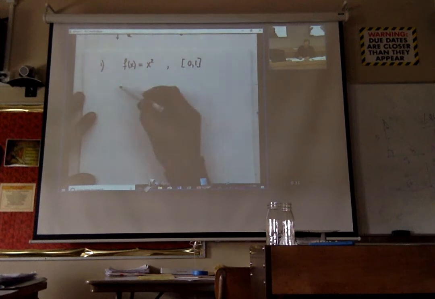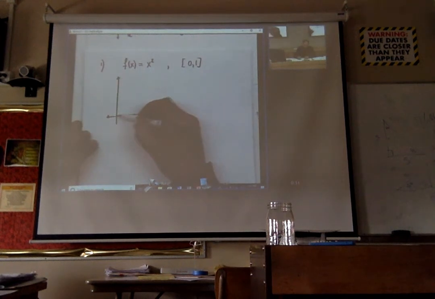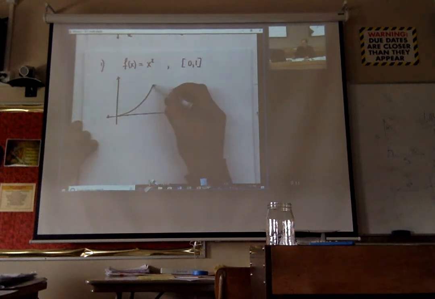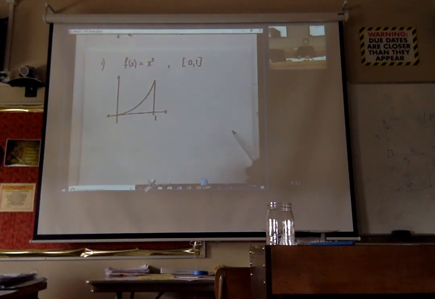So I will be approximating the area under this curve on this interval. So I'm not saying we find the area, we'll only approximate. For example, this is just a sketch, okay, so I'm not saying this is exact. So here's my 1. I'd like to approximate this area. And again, I said under the curve, so again, it's the curve and the x-axis.